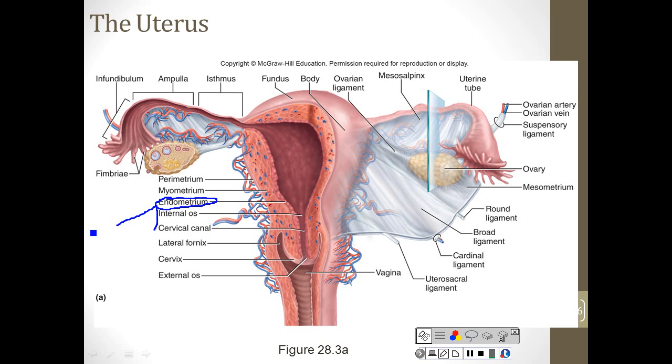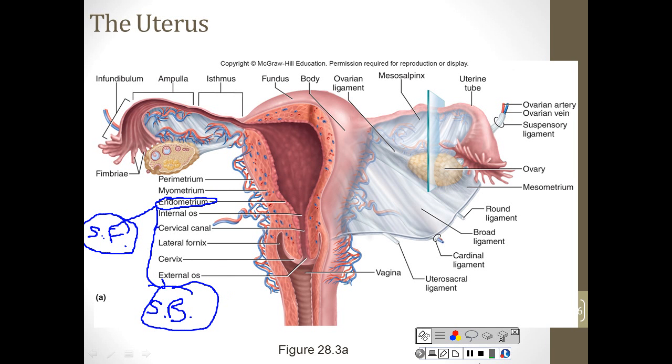We have the stratum functionalis, that's our SF, and the second one is our stratum basalis, our BS. Our SF is the one that sheds during menstruation. Our BS is the one that stays around and helps generate more of our SF. Okay?